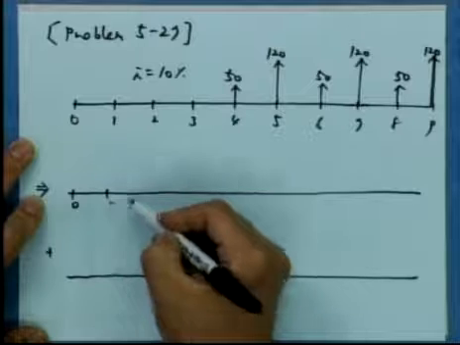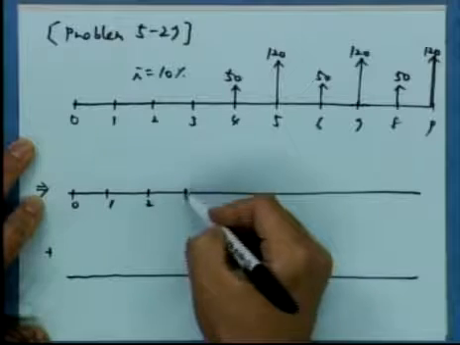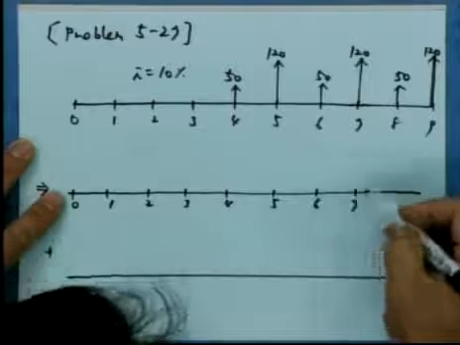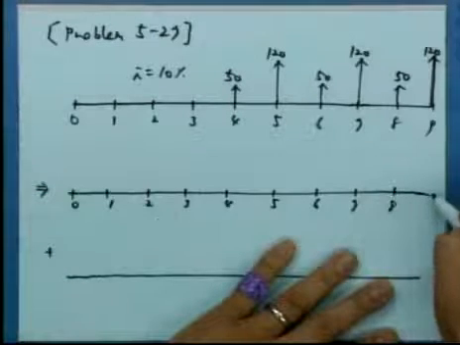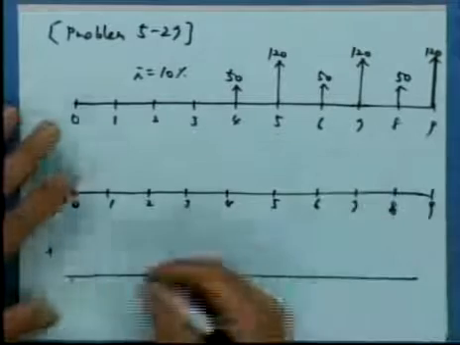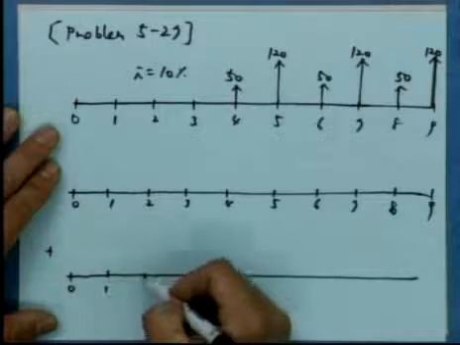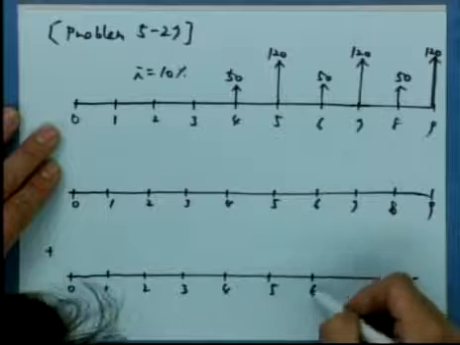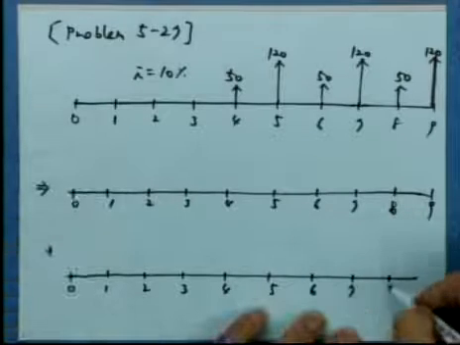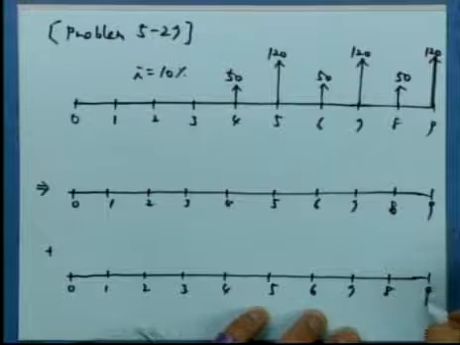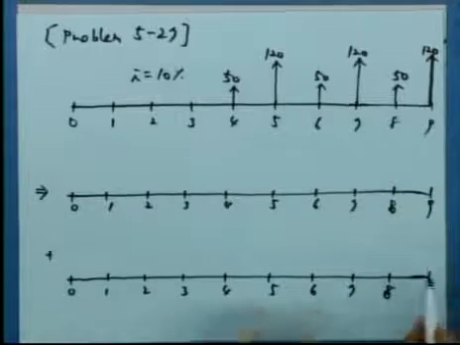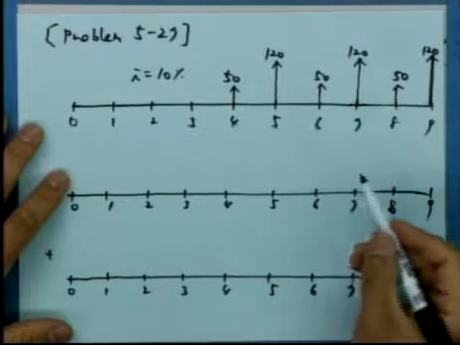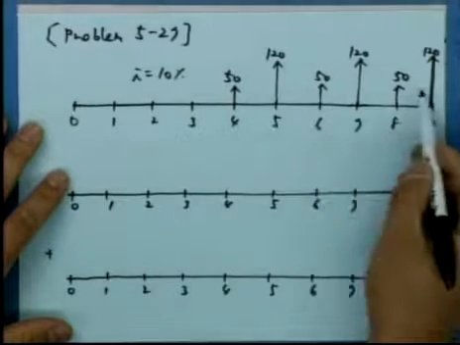From 0 to 9, 0, 1, 2, 3, 4, 5, 6, 7, 8, and 9. Okay? So here we can take out $50.